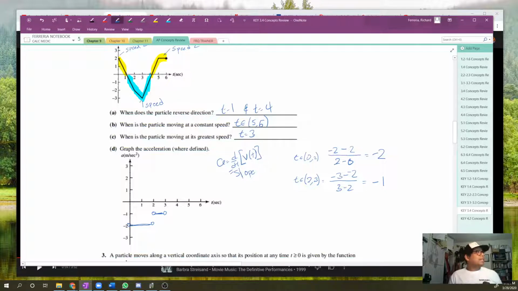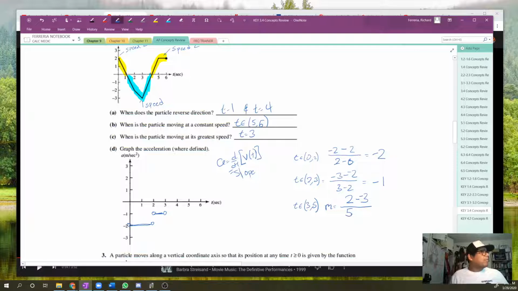Okay, the next section that has the same slope would be from t equals 3 to t equals 5. That's where the slope of the velocity graph looks the same. So from 3 to 5, the slope is equal to, let's see, when t equals 5, the velocity is 2. When t equals 3, the velocity is negative 3.